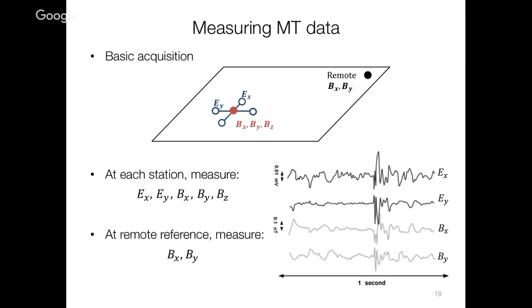You're sitting at some point and you're measuring some time series, right? But now some information is coming from you, some from you, some from you. It's just like a mishmash of stuff that's coming in. And really you would like to separate it all out. So at each station you measure these time series, and you can also measure a remote magnetic field.